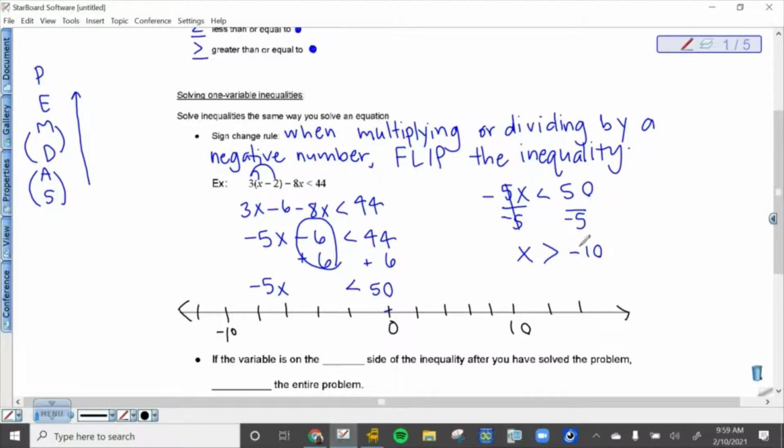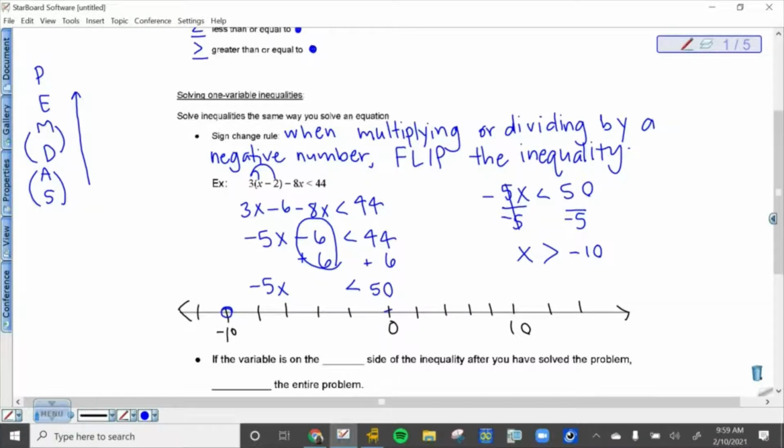Okay, so I solved this inequality for x, and I found out x is greater than negative 10. Where am I going to put my circle? Yeah, at negative 10. And is it going to be an open circle or a closed circle? Open circle. Yeah, open.